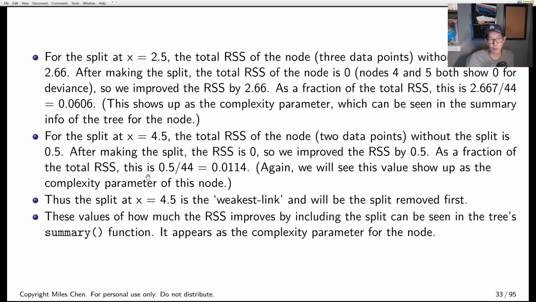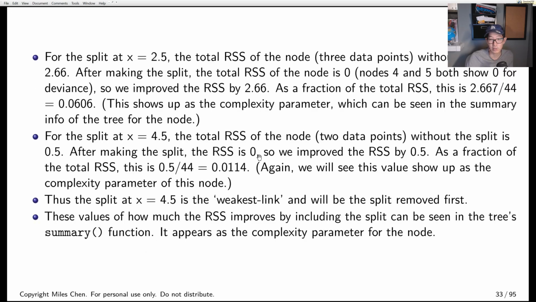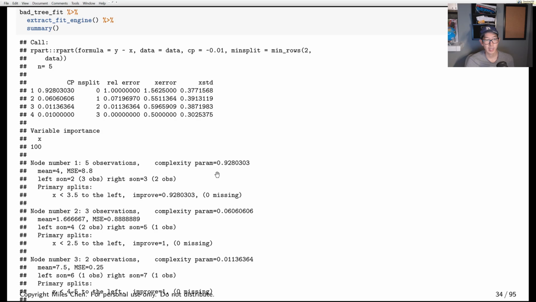For the split at 4.5, prior to that split our total deviance was 0.5 for this node. After the split, our total deviance is down to 0. Therefore, the reduction in RSS is 0.5. 0.5 divided by 44 gives me 0.0114, and this is the complexity parameter of this particular split, which shows up if you ask for the summary.